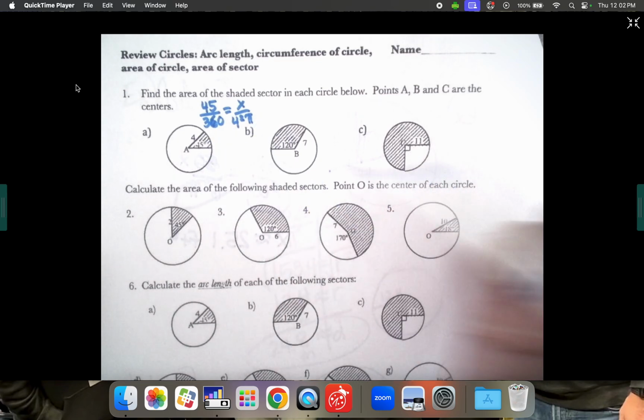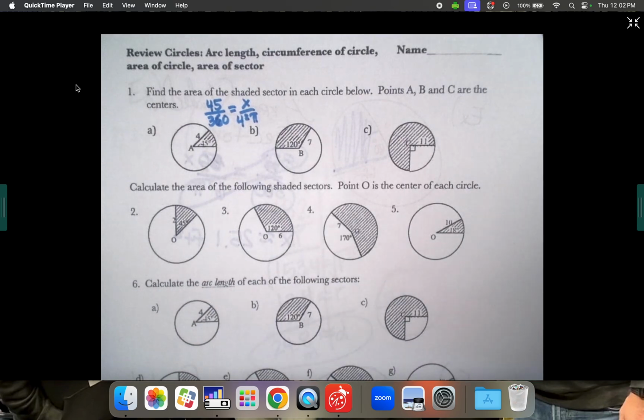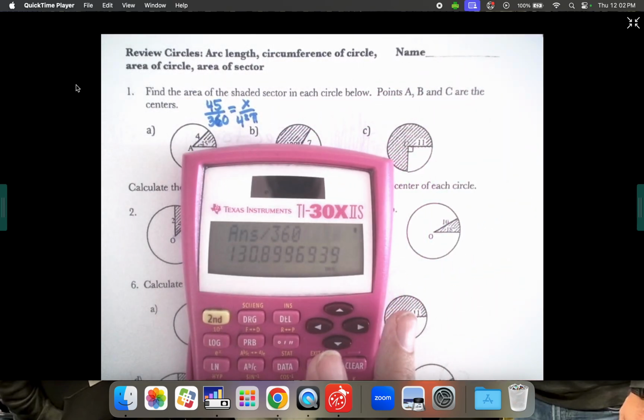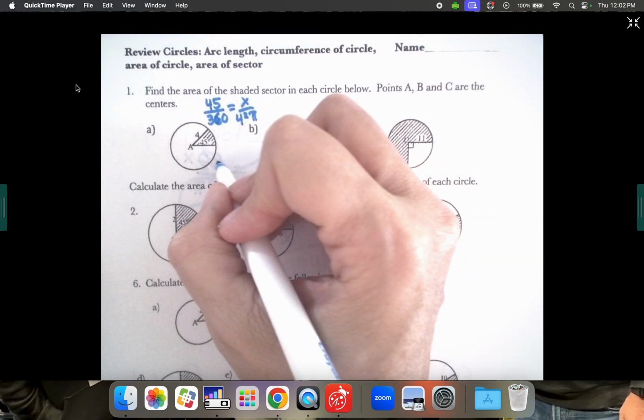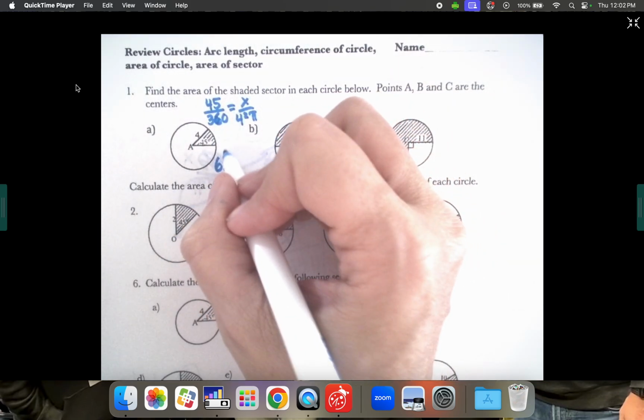I really don't think I need to do this one again, but I will. So the bat and the ball would be 45 times 16 pi, divided by 360 equals about 6.3-ish.